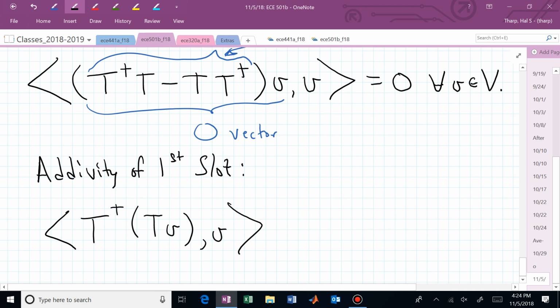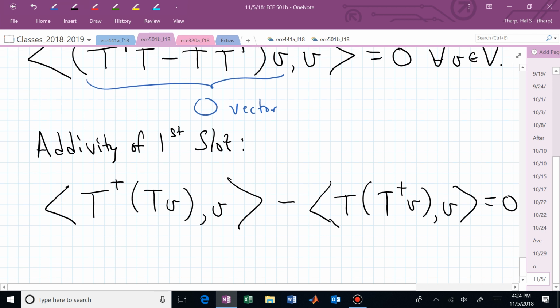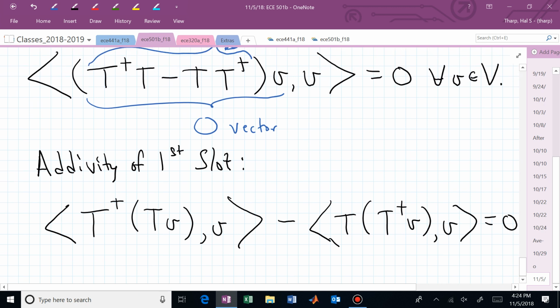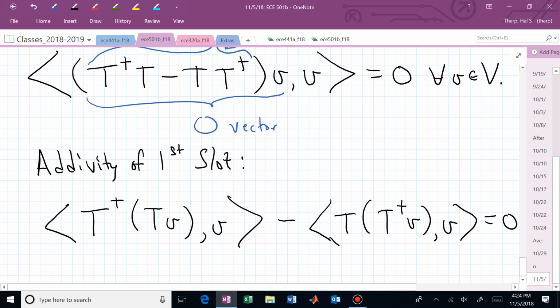That's the first term, and then I subtract T dagger applied to T v, applied to v, and that's still equal to 0. Are we okay with what I've done there? And that's true for all v. That's just additivity of the first slot.